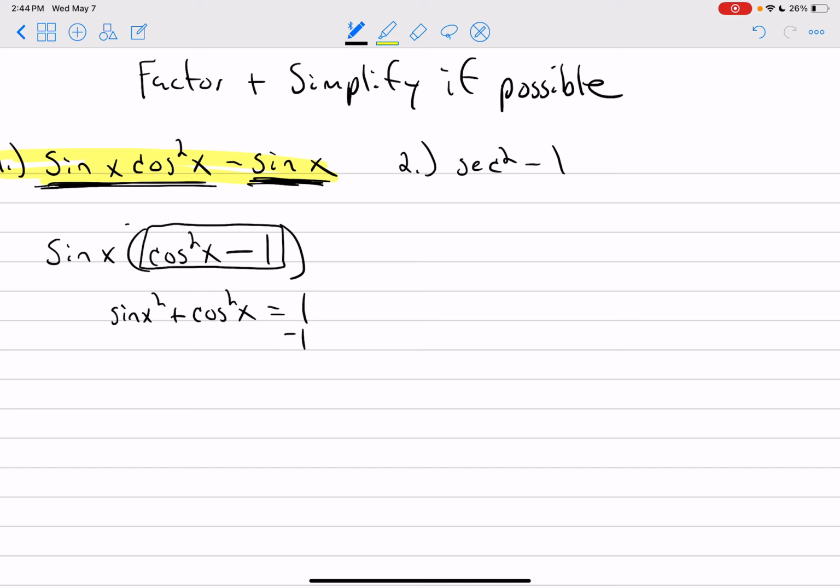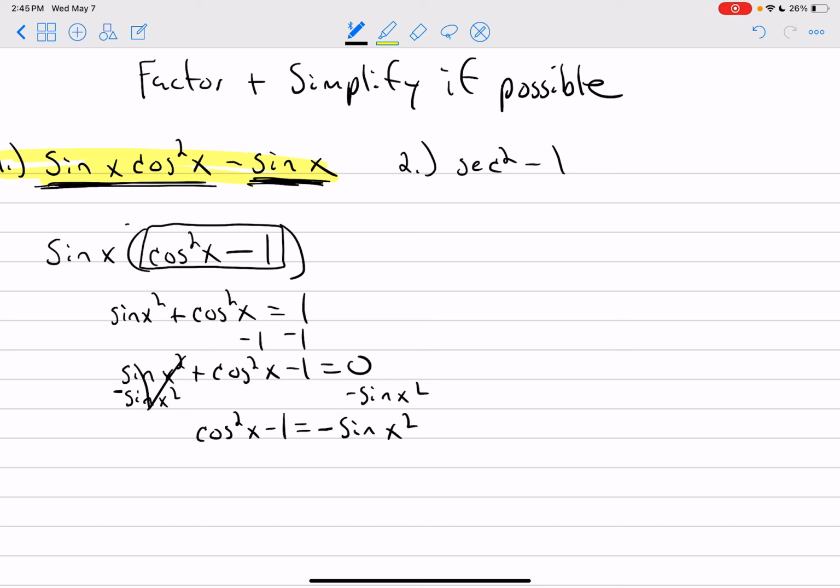If I do minus 1 here and minus 1 here, I end up with sine squared x plus cosine squared x minus 1 equals 0. And now if I move this over, subtracting sine squared x, I end up with cosine squared x minus 1 equals negative sine squared x. So this, which is the same as this, actually is equal to that.